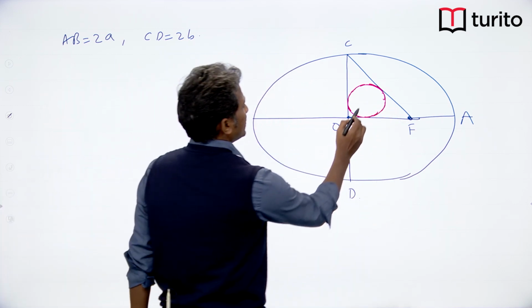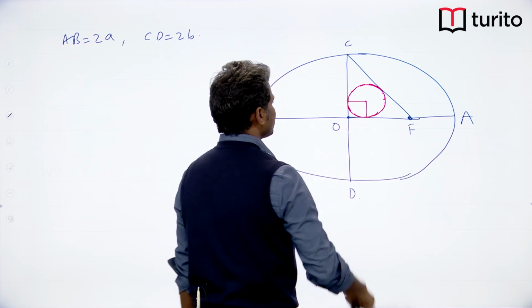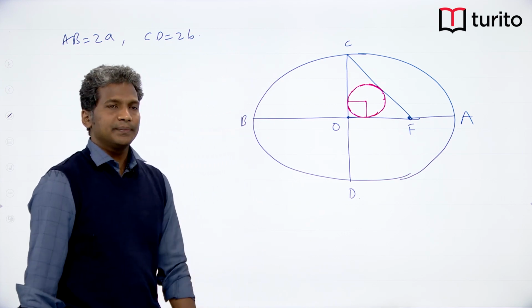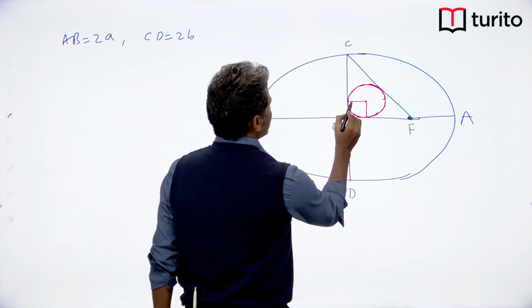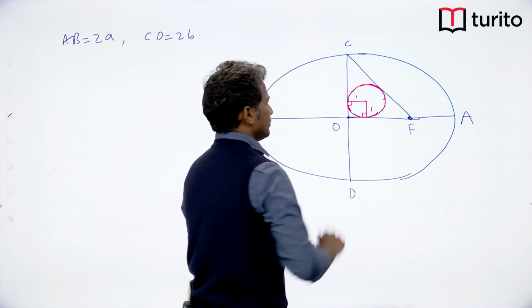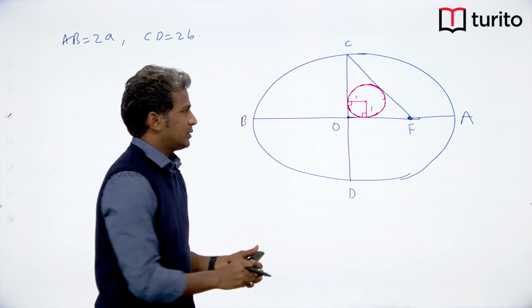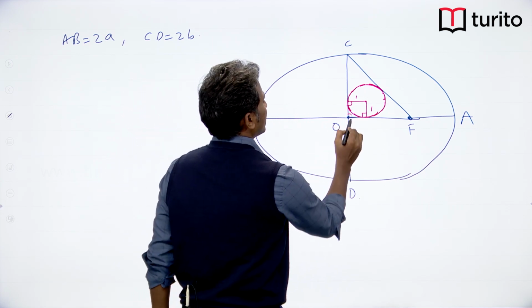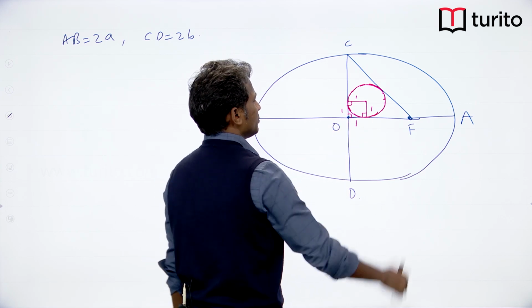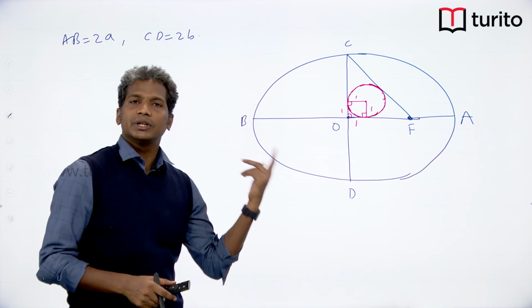Now, if I join the center with the points of tangency, they become radii, and a tangent is always perpendicular to the radius. This is 1 unit, this is also 1 unit. Because OF and OC are already perpendicular, that will make this a square, so these lengths also become 1 unit. Because the diameter is 2, I took the radius as 1.